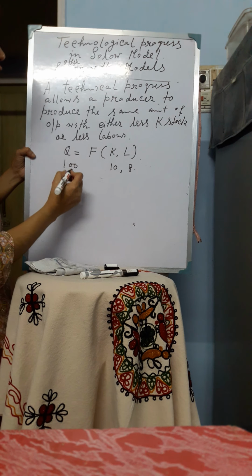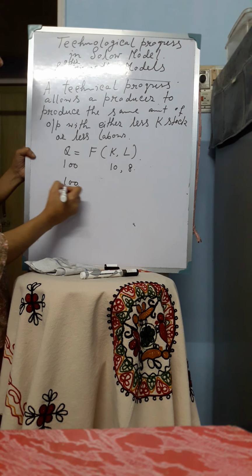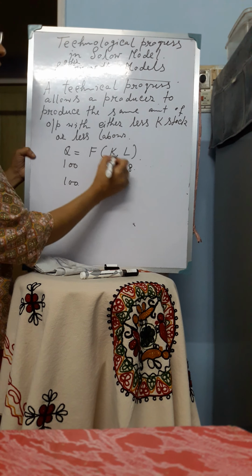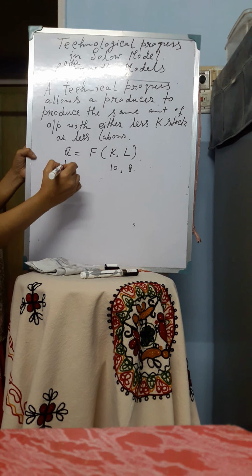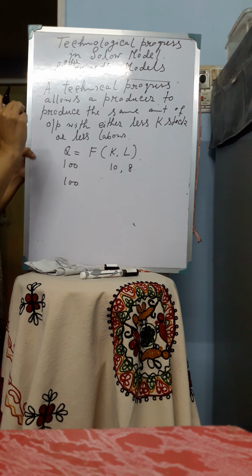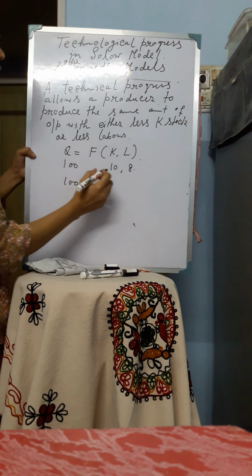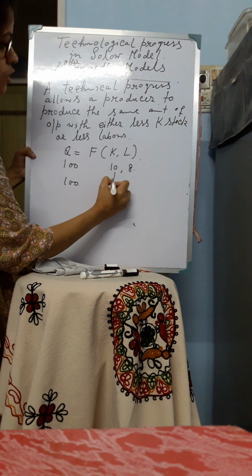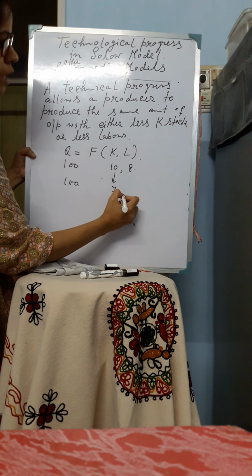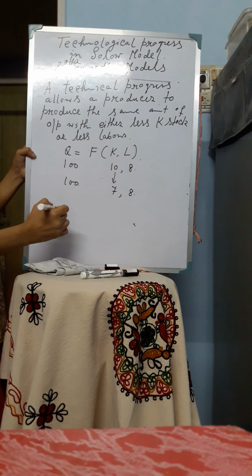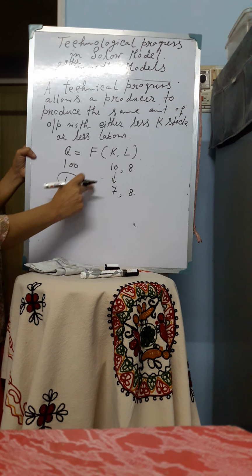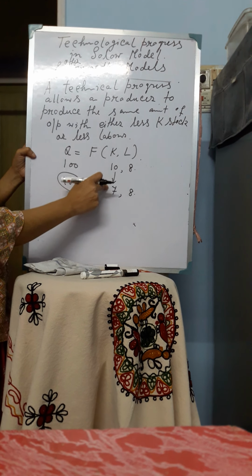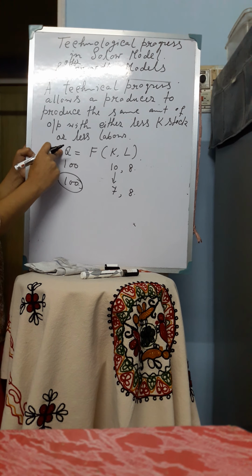So in that case, if the producer can produce the same 100 units of output with less amount of capital and the same amount of labor, then we can say that the technological progress is working in the production process. So therefore, suppose the producer is producing with 7 units of capital now and with the same 8 units of labor, but he is getting the same 100 units of output. So therefore, the technological progress has an impact on the production process.